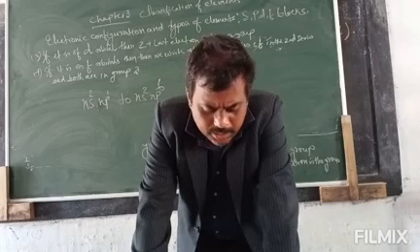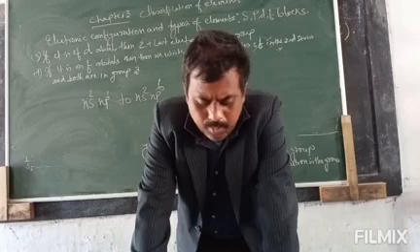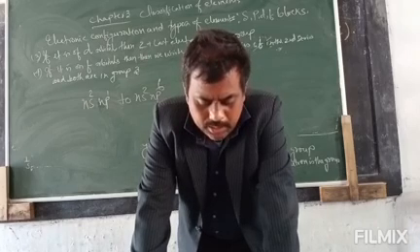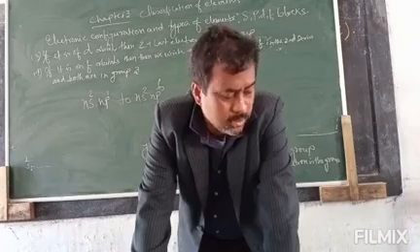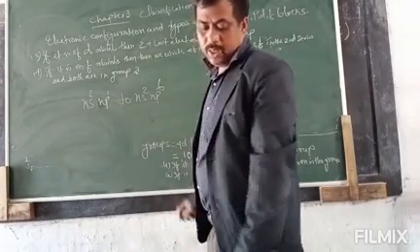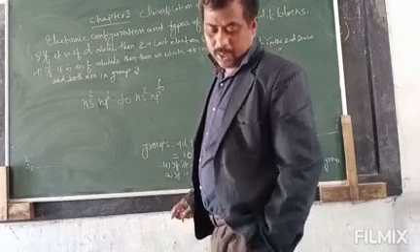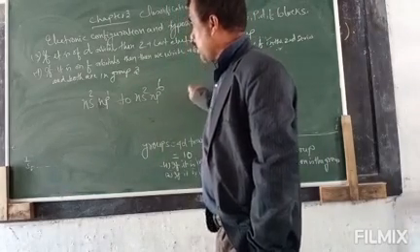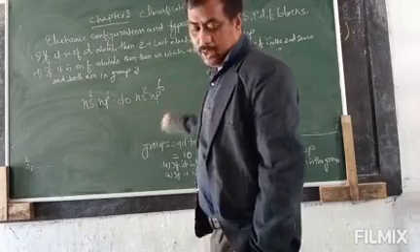The non-metallic character increases when we move from left to right across the period, and metallic character increases as we go down the group. That means if you move from left to right, non-metallic character increases, but when you move down the group, metallic character increases and non-metallic character decreases.